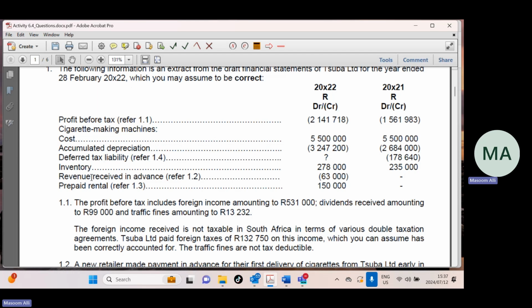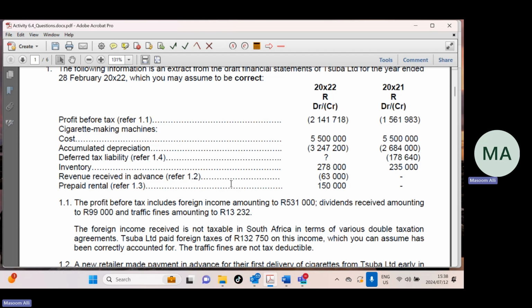For my deferred tax, it seems like there is revenue received in advance, there is something. So I can see that there are 4 matters here that definitely need to be accounted for in terms of the additional information. So these are the line items that I have to work with, and they've got corresponding adjustments or additional information that is going to affect this figure.